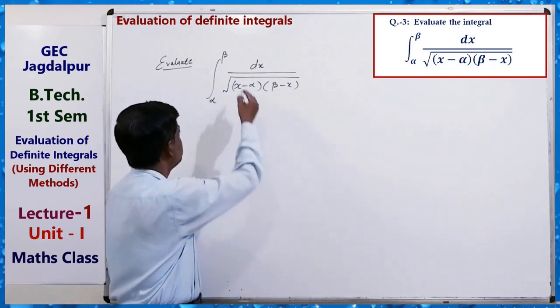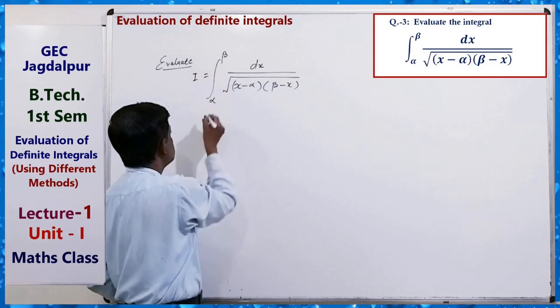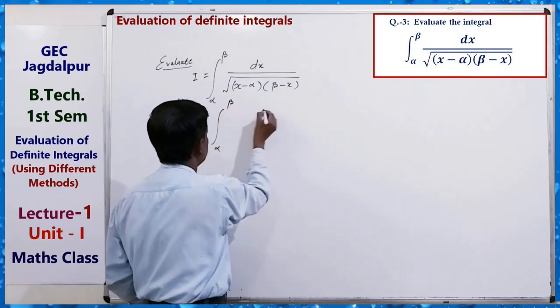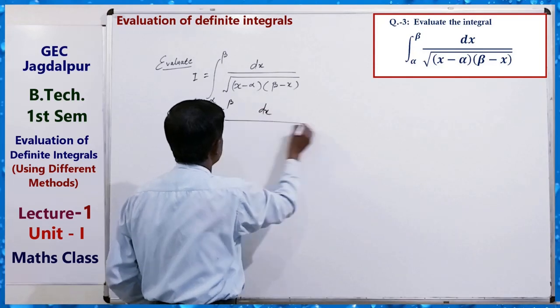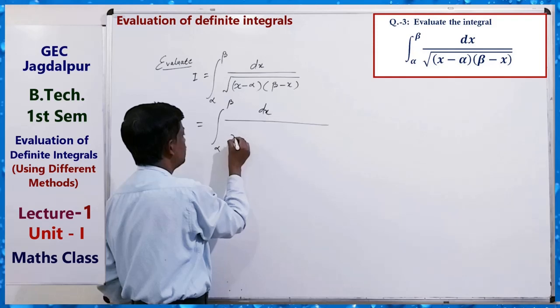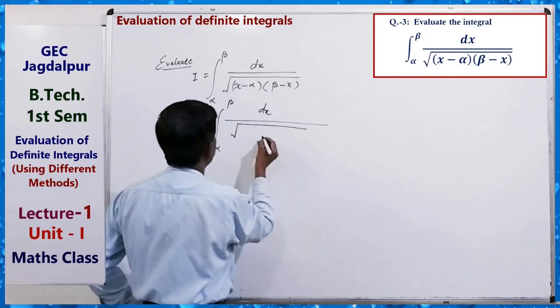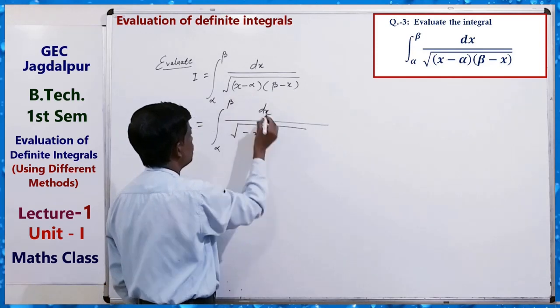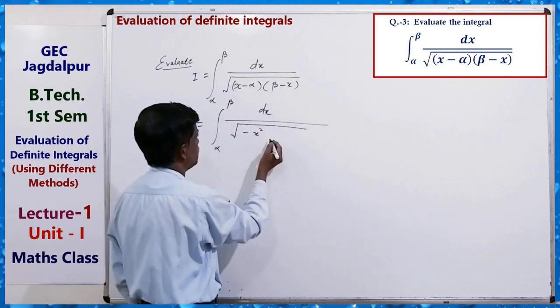So here, for solving this integral, this is equal to, we can write alpha to beta dx upon, what can we write? Just multiply it. We can see that minus x square plus alpha beta, minus plus alpha beta is here.